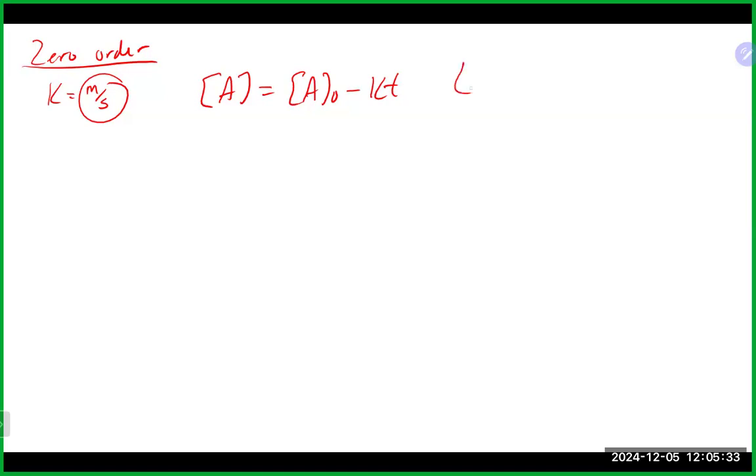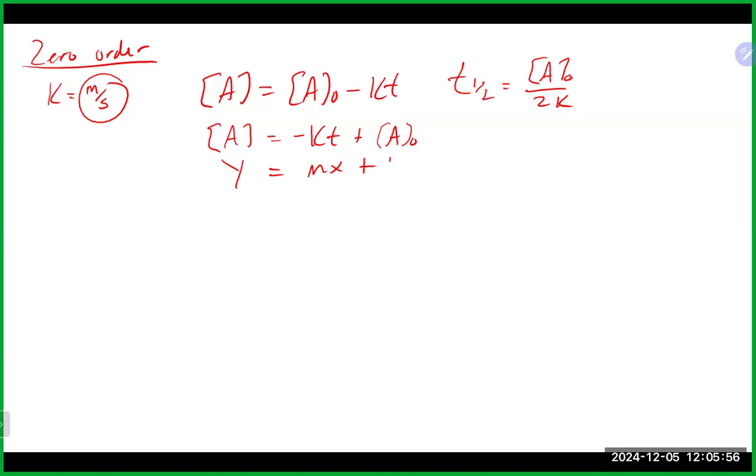The half-life here is also dependent on the initial concentration, giving you initial concentration over 2k. So again, the initial concentration here does play a role in the half-life. Rearranging this one very much like we did the others will give us our straight line equation of y equals mx plus b.